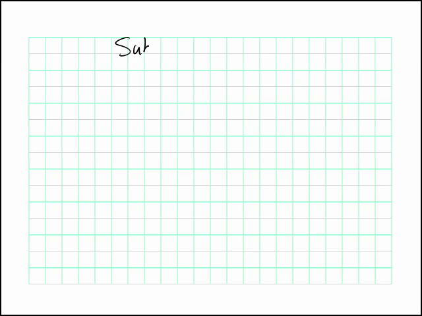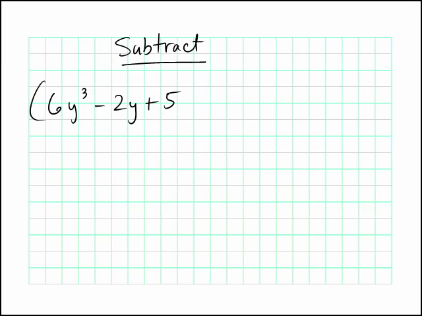Subtract 6y cubed minus 2y plus 5 minus 2y cubed minus y squared plus 4y minus 1.